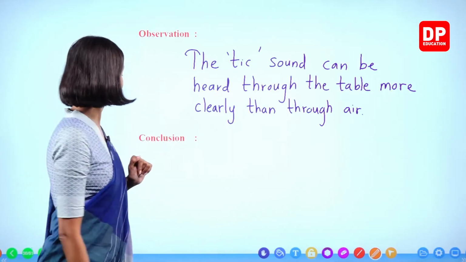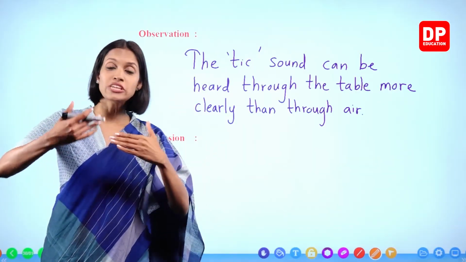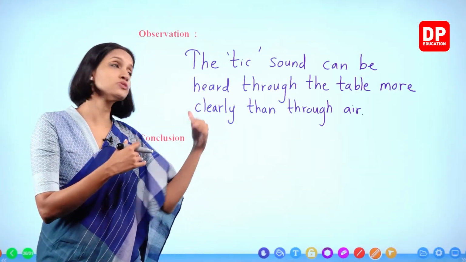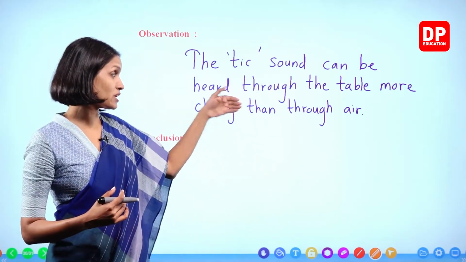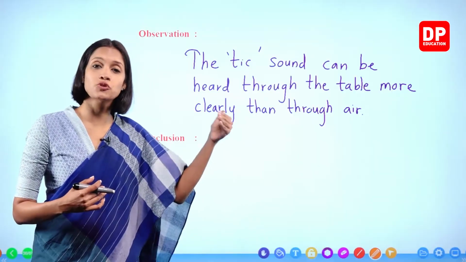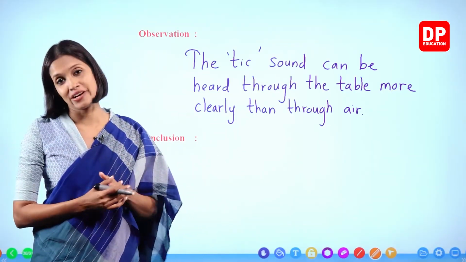Right? What is the conclusion? This happens because we could hear through the air as well, but we could hear through the table more clearly. Now the table is solid. This happens because the sound propagates or travels through solids faster, better than through air.